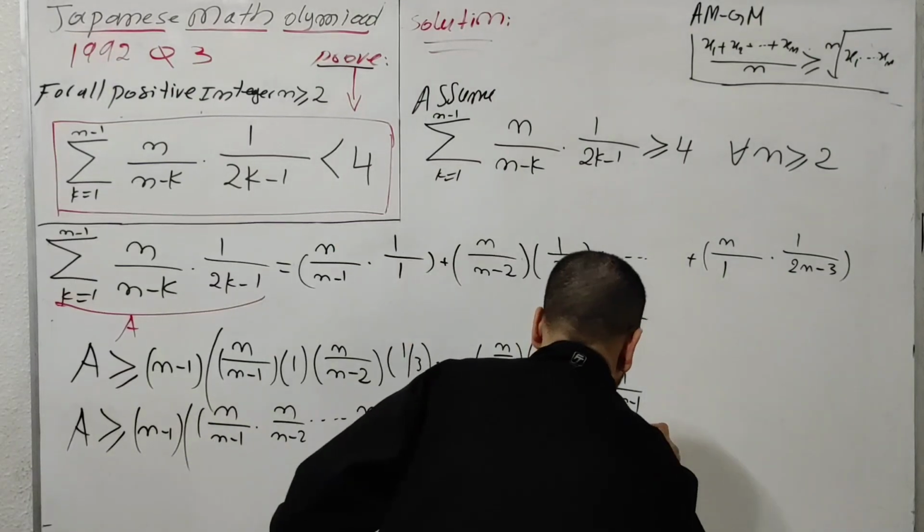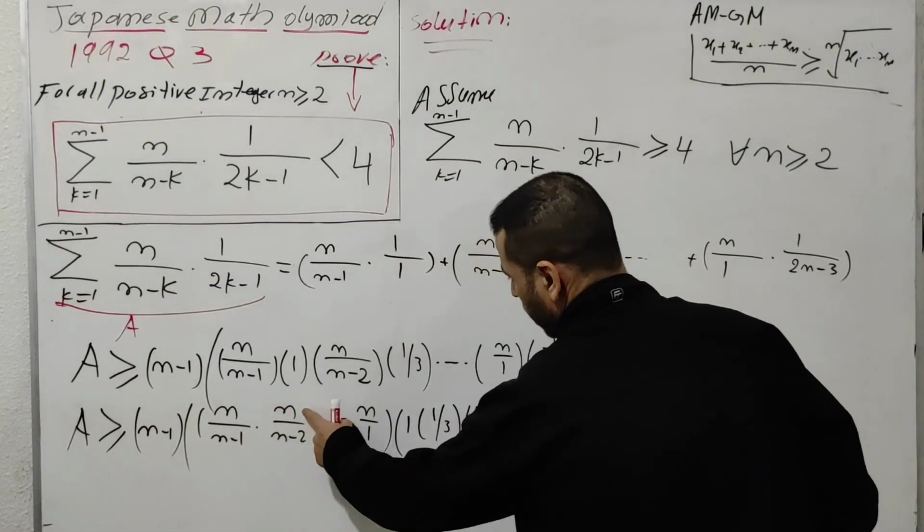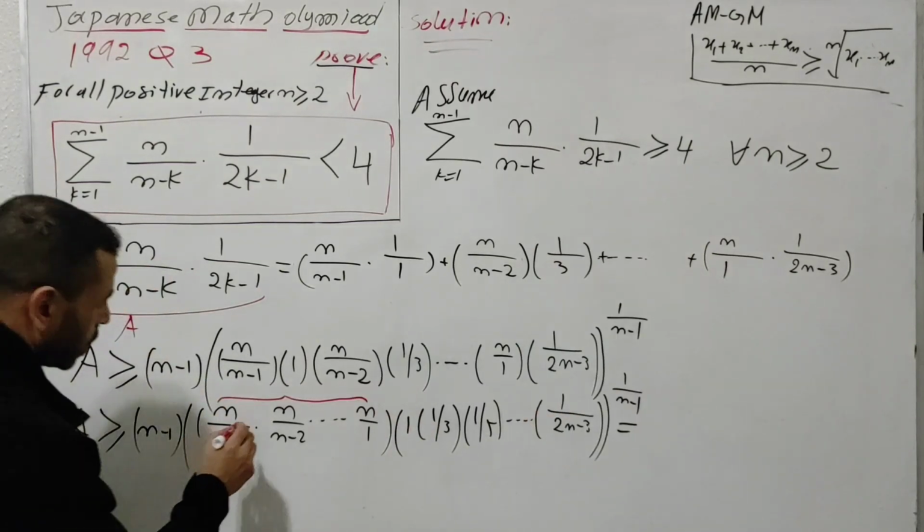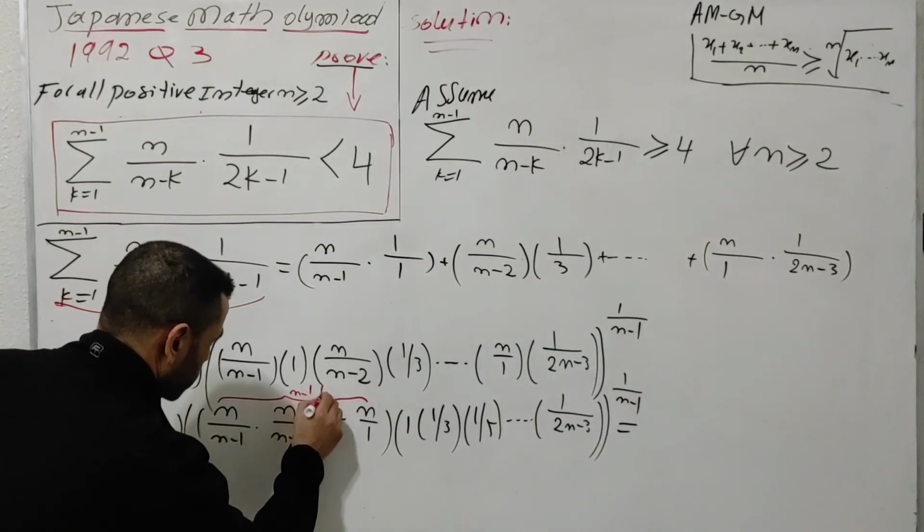So now this one, since n is multiplied by n all the way down to n, is n minus 1 times.